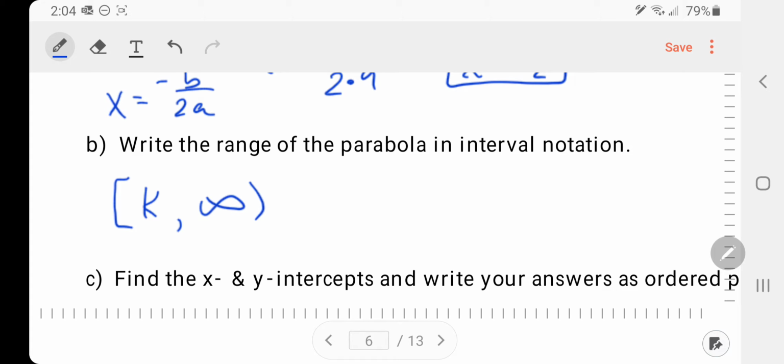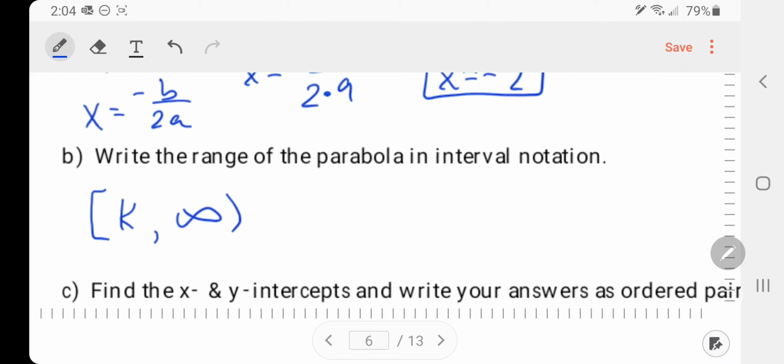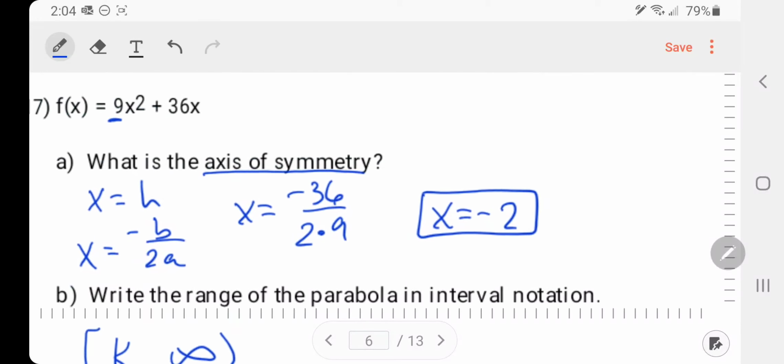And we know how to get k if we know h, which we do now know h is -2. So now we're going to need to plug -2 into the function to get k.